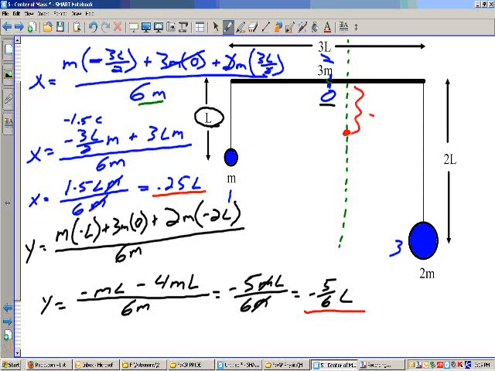So this is negative 5/6 L. This distance right here is 0.25 L. And so that would be my center of mass for this system.